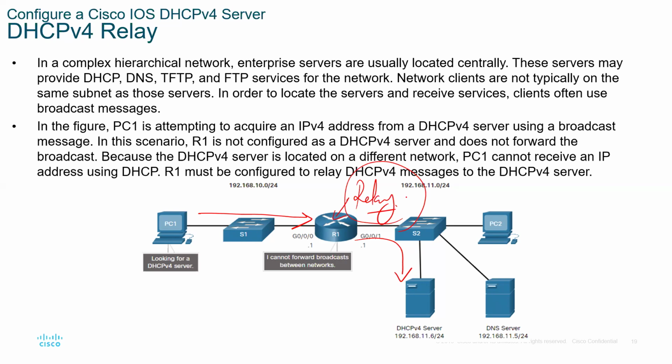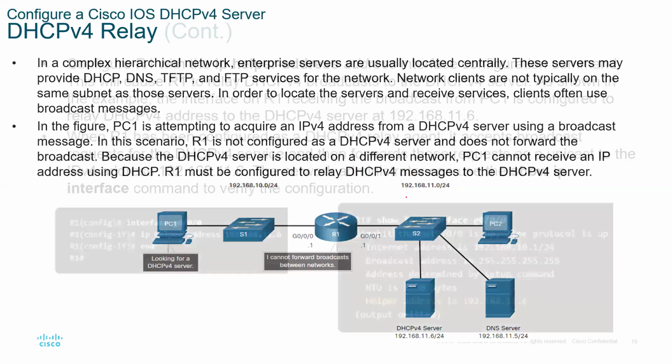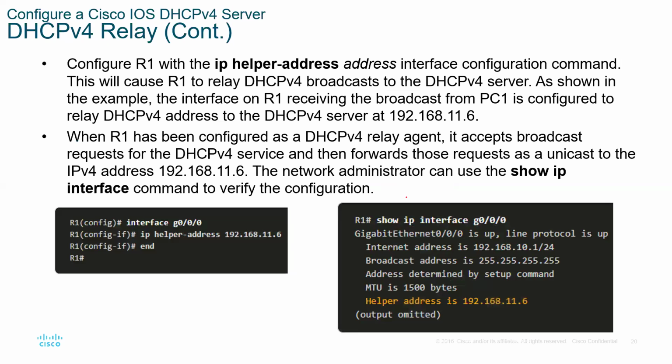Therefore, the router will need to be configured as a relay. How do we do that? We go to the interface which is facing your local area network. Then you configure the IP helper address, specifying this is the address of the server. So every time there is a broadcast sent from a client, the router will act as a relay and forward the broadcast to the server. And basically, that is how a relay works.